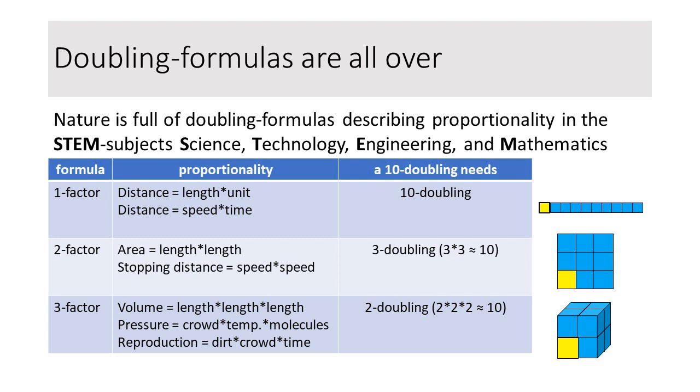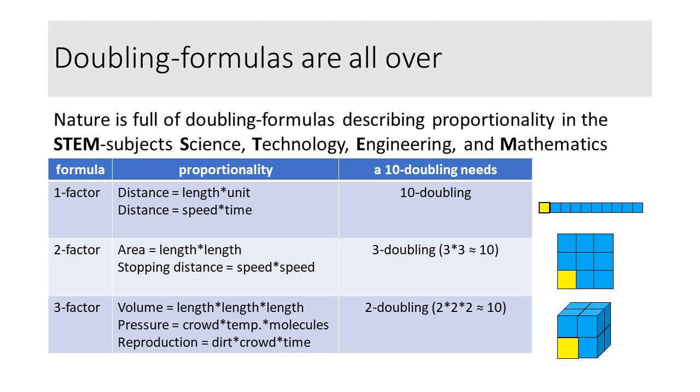Doubling formulas are all over. Nature is full of doubling formulas. They describe proportionality in the STEM subjects: science, technology, engineering, and mathematics. Here are some examples. We should notice the extreme power of three-factor formulas.